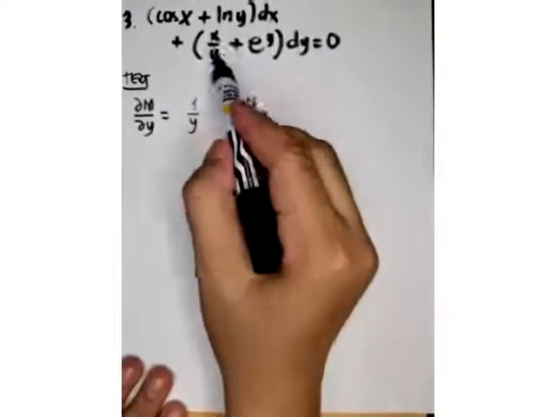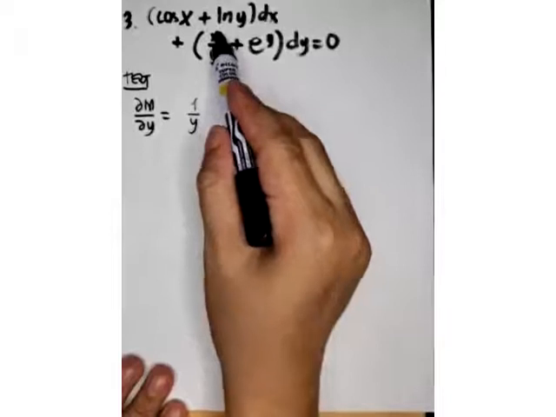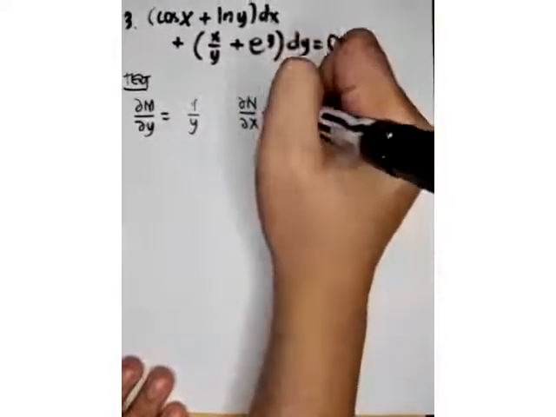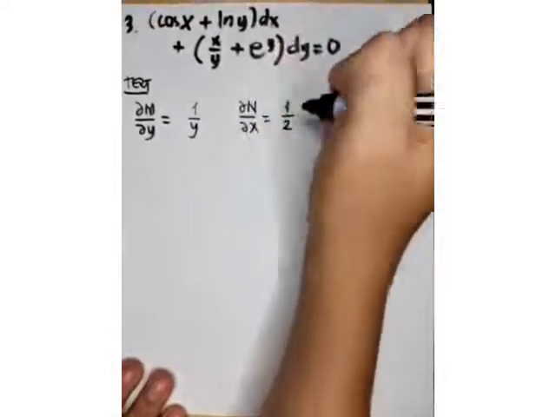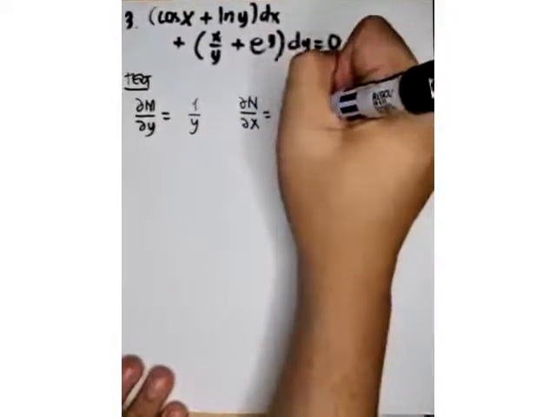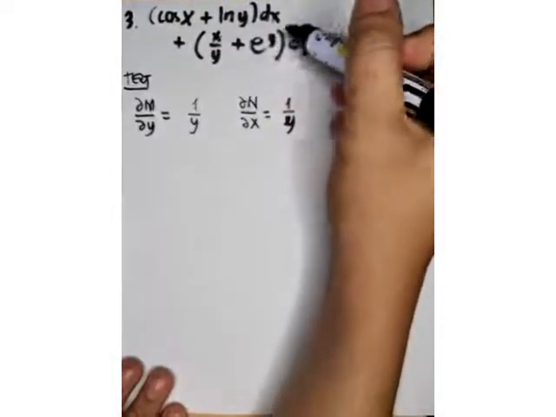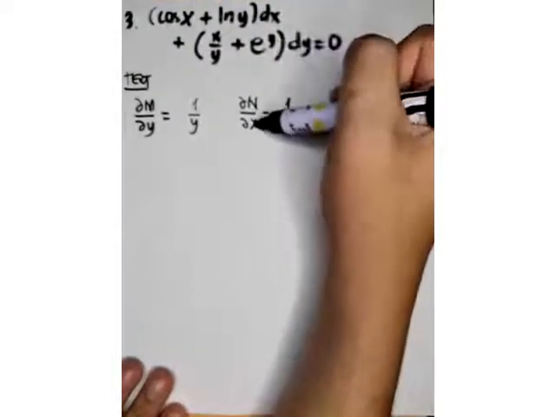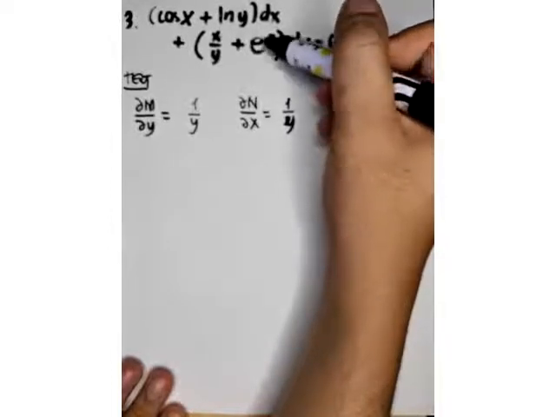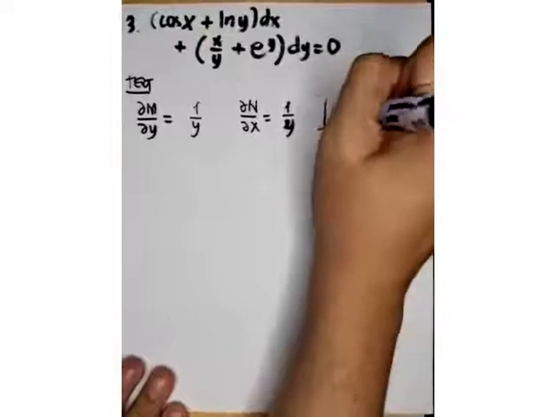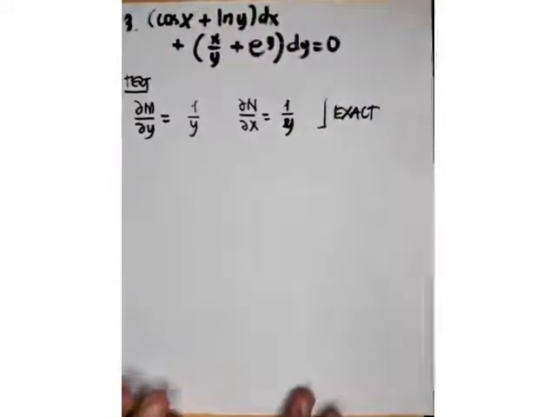So x yung diniderive natin. Derivative of x is 1. So that will be 1 over y. And then the derivative of e raised to y with respect to x, since e raised to y will act as a constant, is 0. So therefore, the equation is exact.